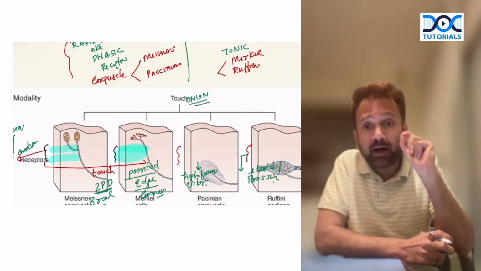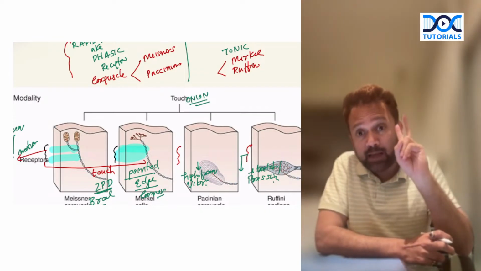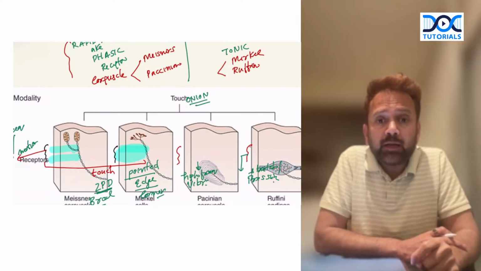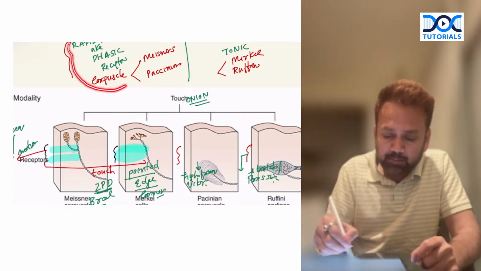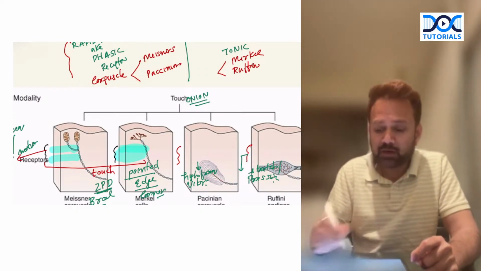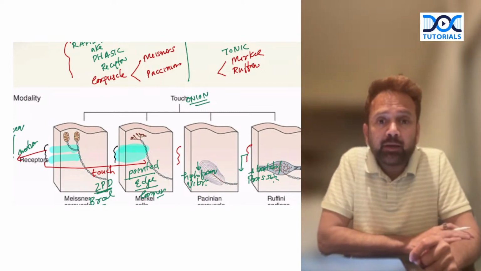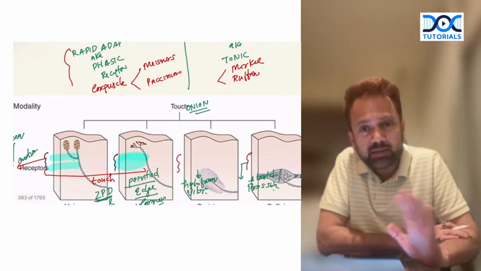Pacinian capsules are for high frequency vibration and Ruffini is for stretch. There are two types of receptor: rapid adapting, or phasic, and slow adapting. If at the end they have a capsule, like Meissner's and Pacinian, they are rapid adapting receptors. The other two, Merkel and Ruffini, are slow adapting receptors.